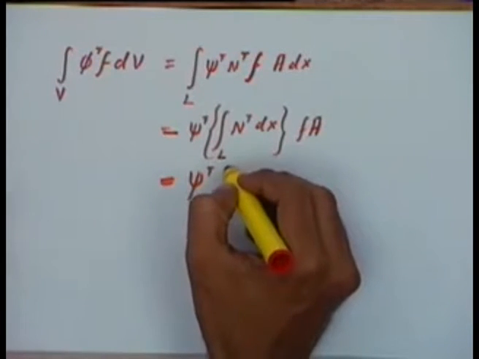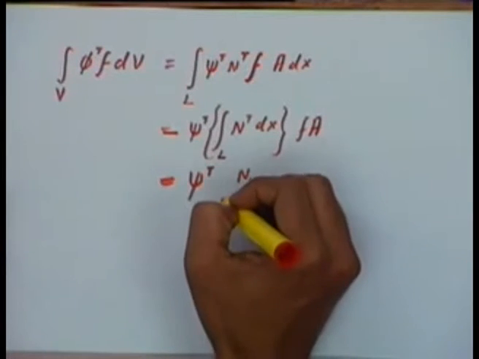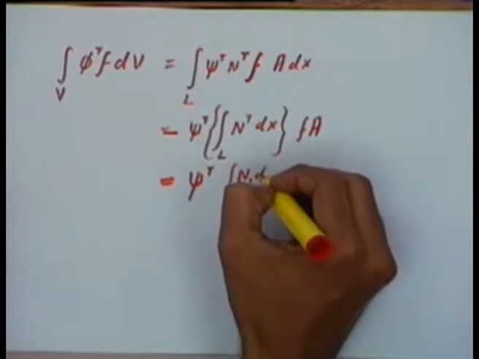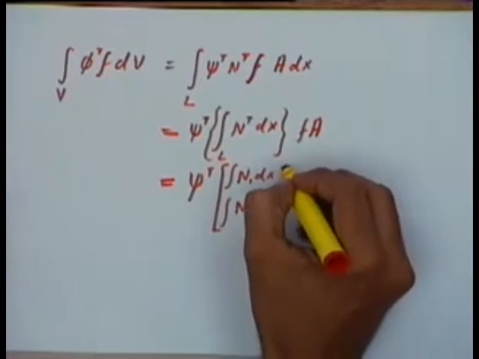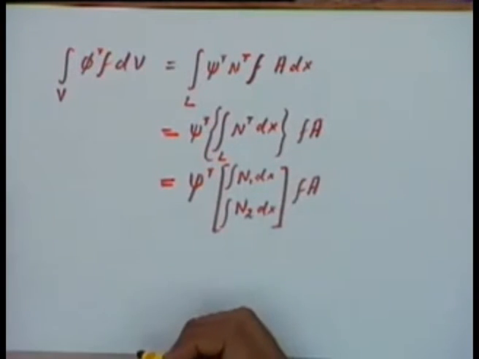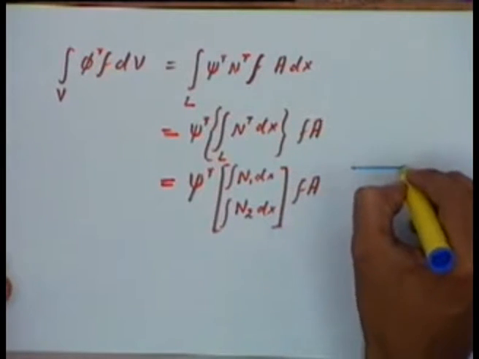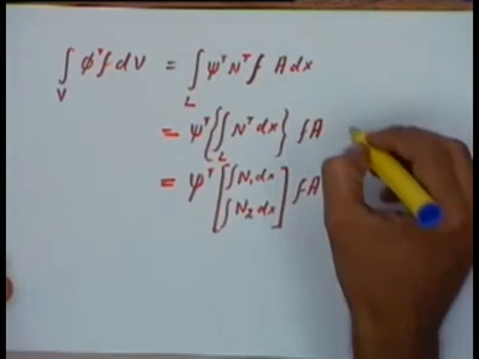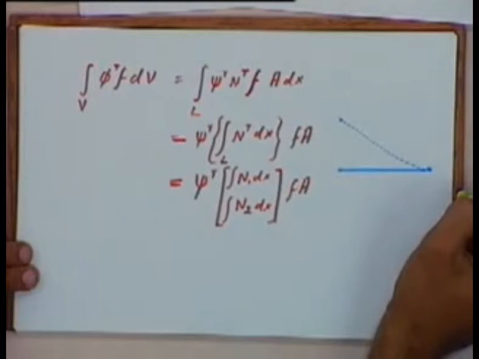Psi transpose, n transpose will give me a column vector of n1 n2, integral of that with dx, and this column vector we have multiplied by F A. Again if you remember, n1 is a shape function which along the length of the element is changing from 1 to 0 like this.